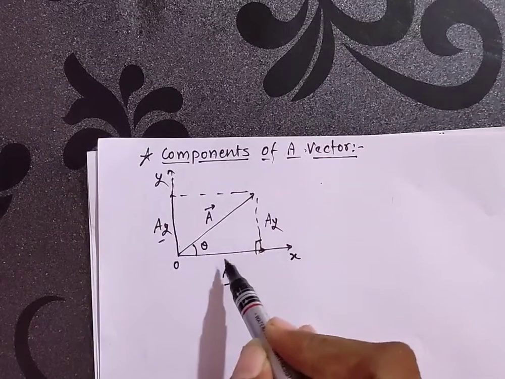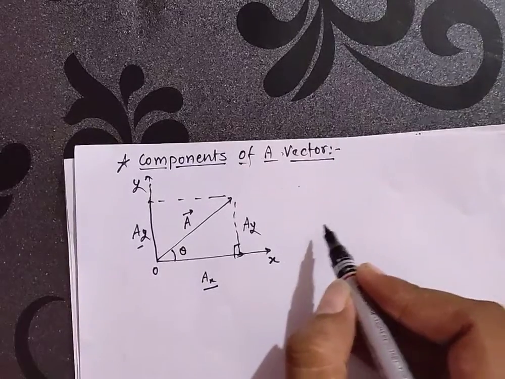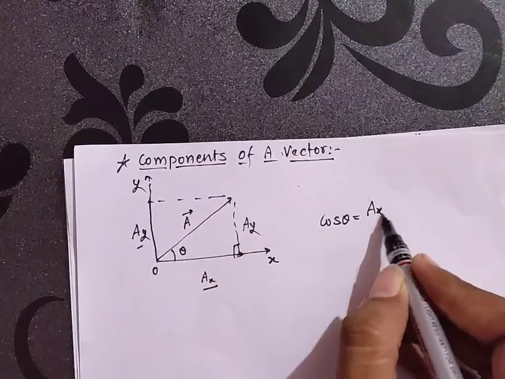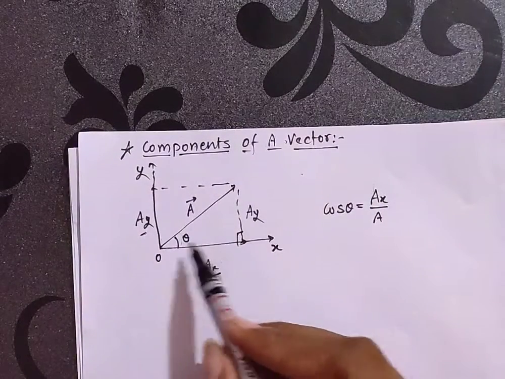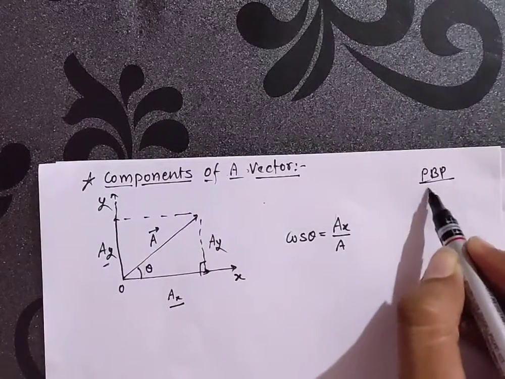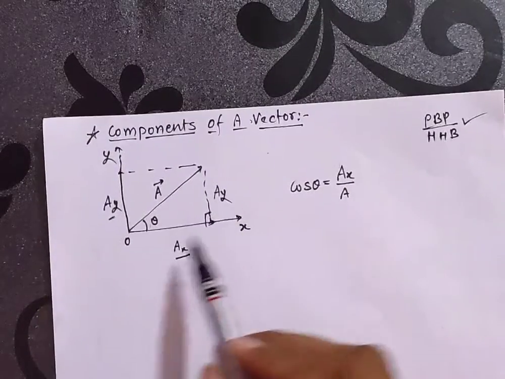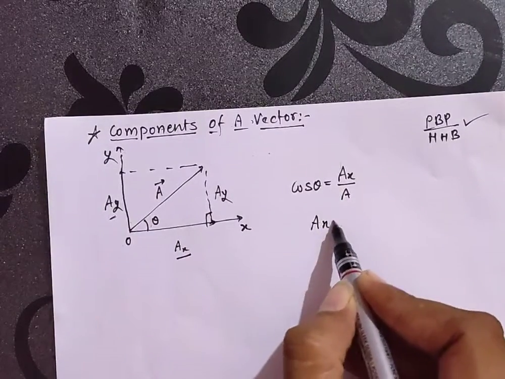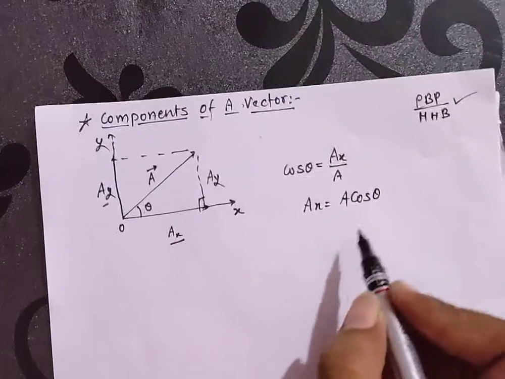From this right angle triangle, cos theta is equal to Ax upon A. If this is theta, this is perpendicular, this is base, and this is hypotenuse. So cos theta is equal to base upon hypotenuse, which is Ax upon A. So the x component of this vector is A cos theta.